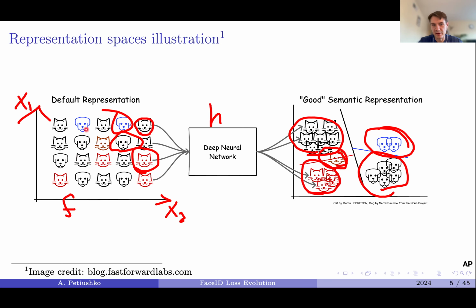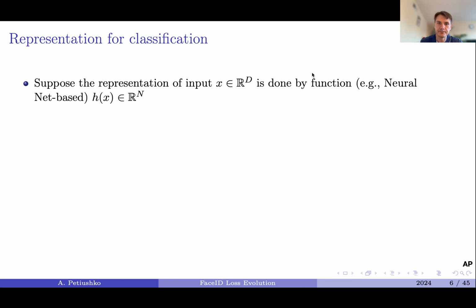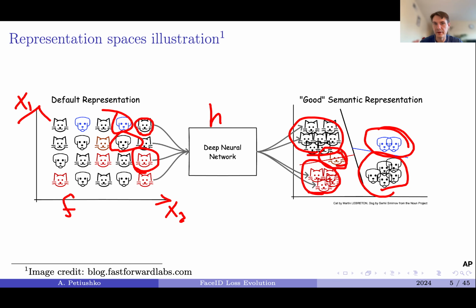It is much better than it was before. The goal of representation learning is to find this mapping function h in such a way that it could provide some semantical mapping. So we can clearly separate based on the classes interpretation. And here classes are just the species and the color, for example.